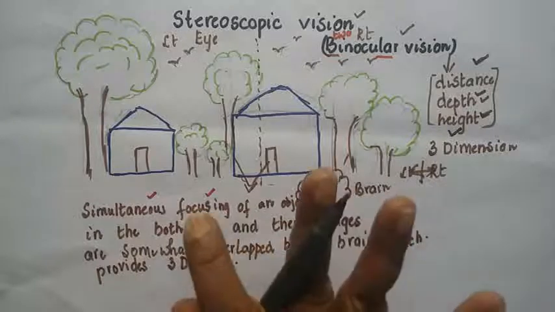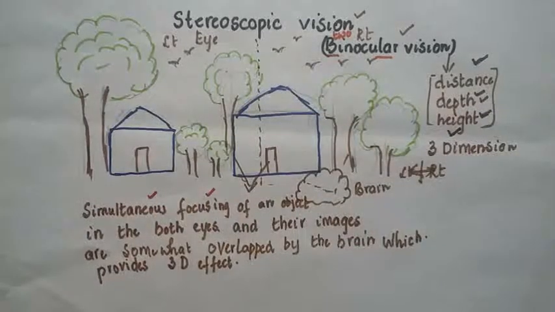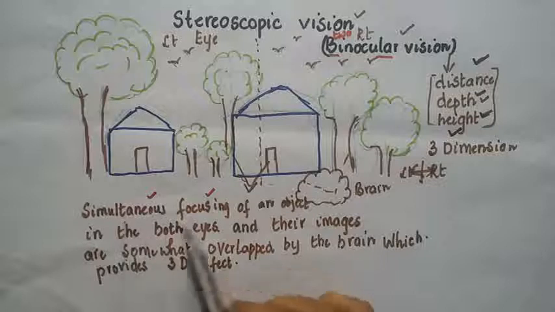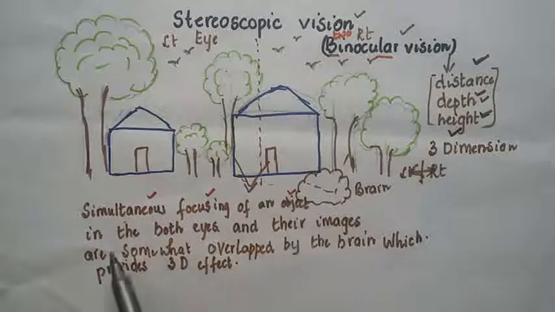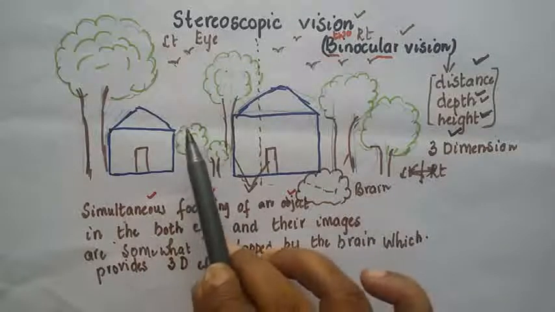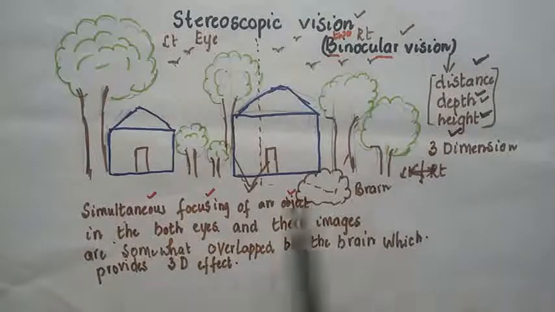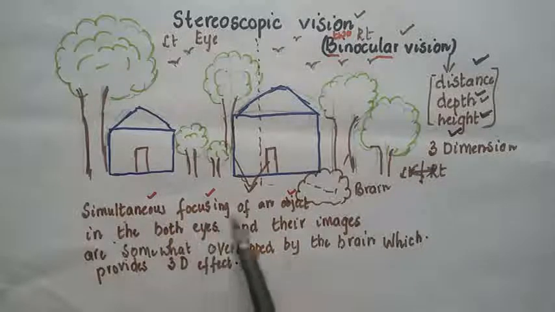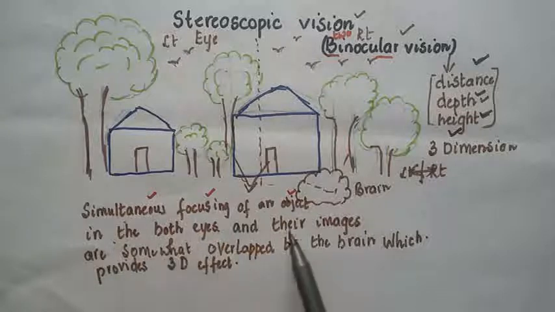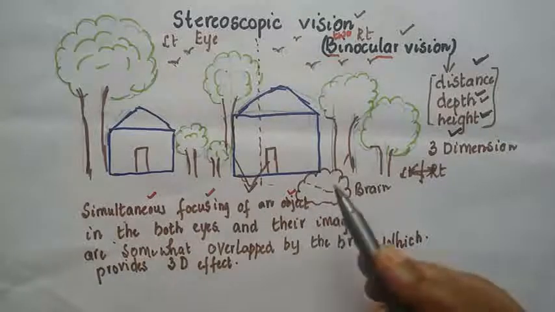So it means at the same time we look at the entire scenery, so simultaneous focusing of an object in both the eyes. So though we simultaneously focus, the image of the left eye is different from the image of the right eye. So simultaneous focusing of an object in both the eyes and their images.